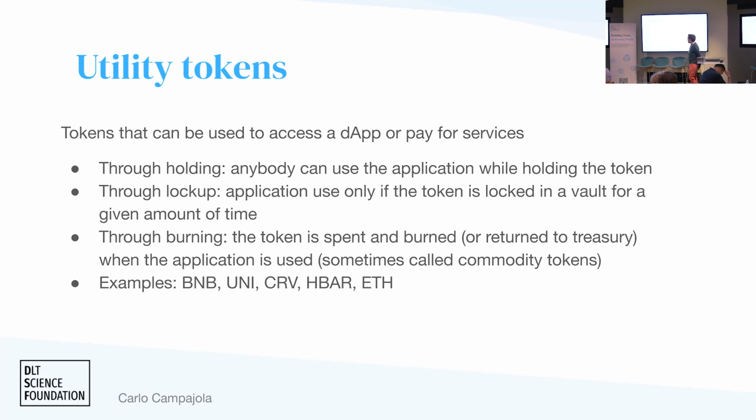And again, this applies to several kinds of utility tokens. So you may have the BNB token that you can use to pay fees on Binance, or the Uni or the Curve tokens that allow you to farm liquidity, or the HBAR token that allows you to pay fees on Hedera and the Hedera hashgraph.